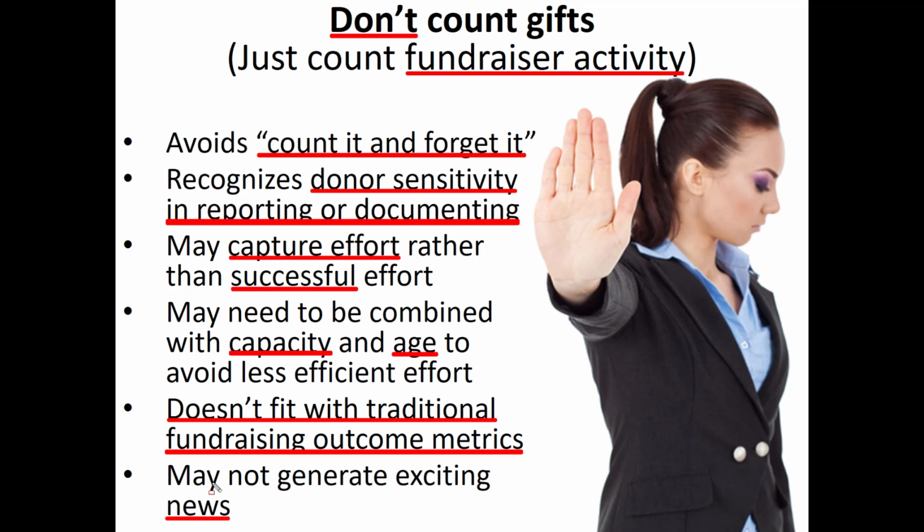You're not focused on booking more revocable gifts, so you can't say, hey, I've just got a new copy of a will, so I can book a $5 million revocable gift, and we're that much closer to our campaign. Since we're only counting fundraiser activity, we're not generating that sort of exciting news with this type of approach.